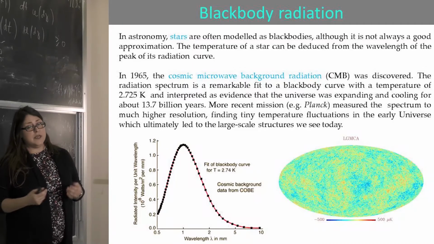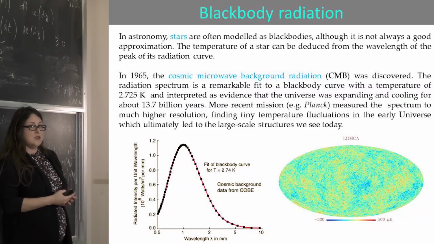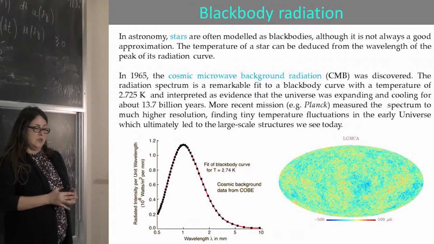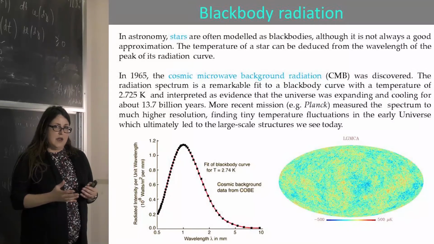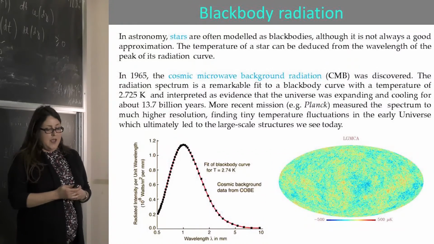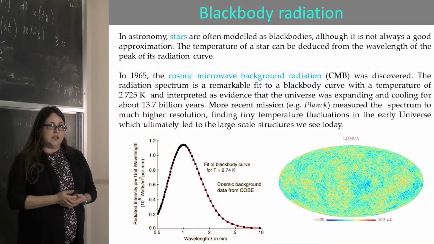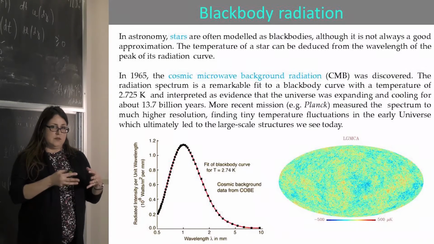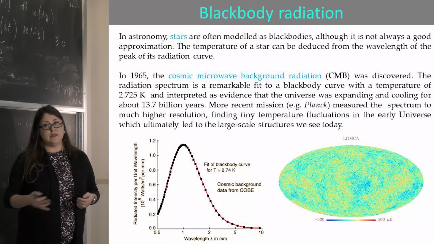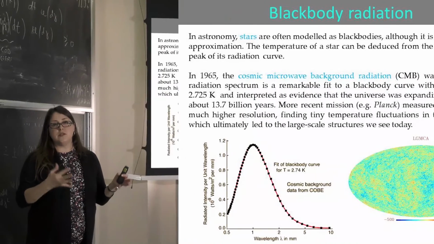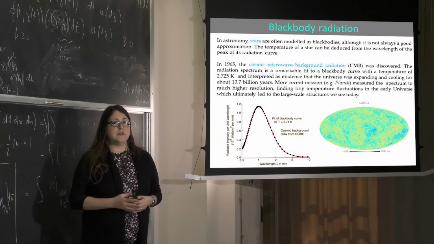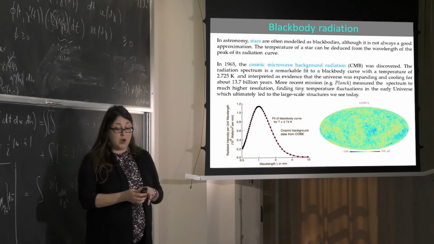After the decoupling, this radiation was free to propagate without any other interaction with matter, and so the shape of the initial spectrum was preserved until the present time, and it is the spectrum of radiation in thermodynamical equilibrium with matter. So it is a perfect black body.